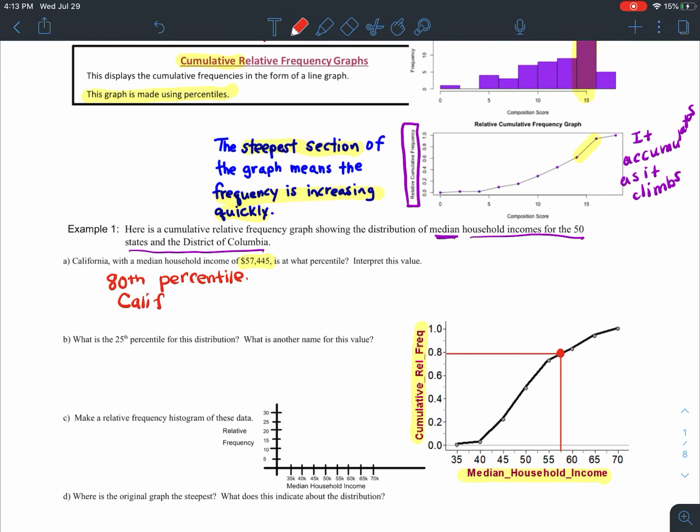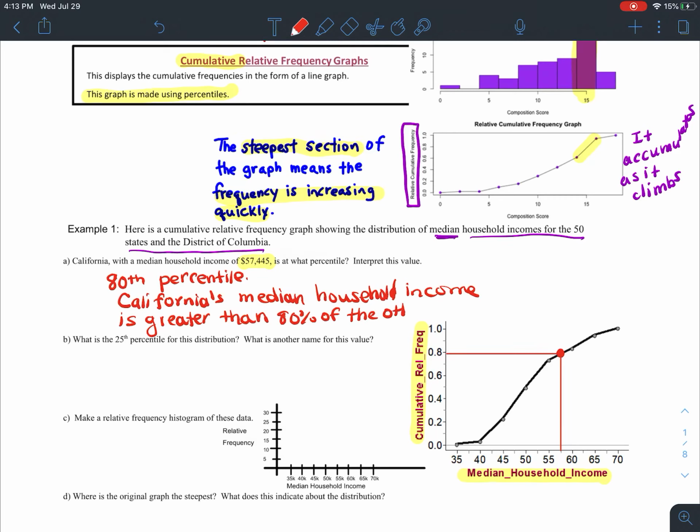And we're going to say California's median household income is greater than 80% of the other states and the District of Columbia. I'm going to abbreviate there. Okay, that is the interpretation for that.